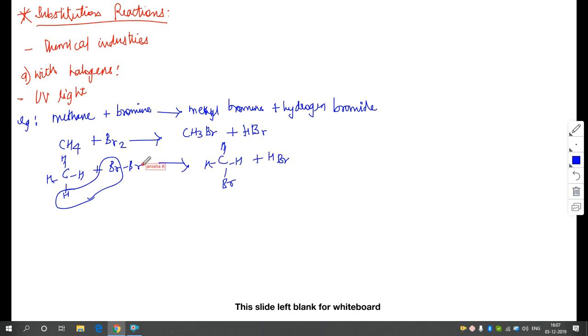You understand what is happening here? Okay. This hydrogen bromide forms a separate compound, and the one which is left over is taken by the methyl group over here. You understood this part?